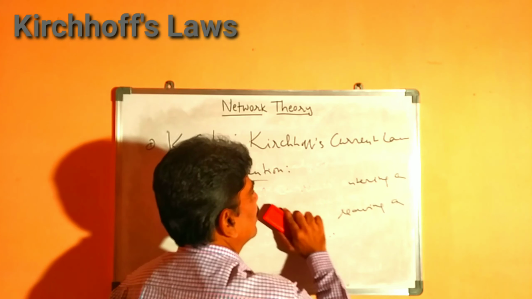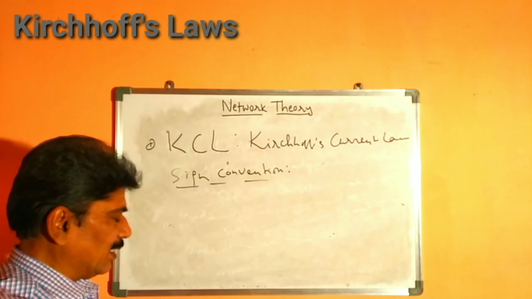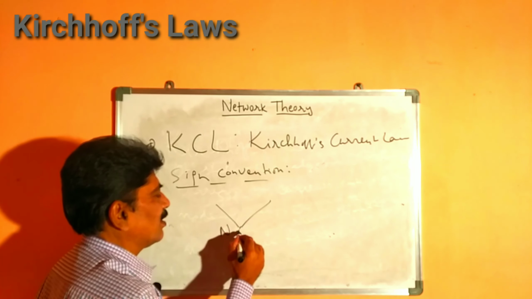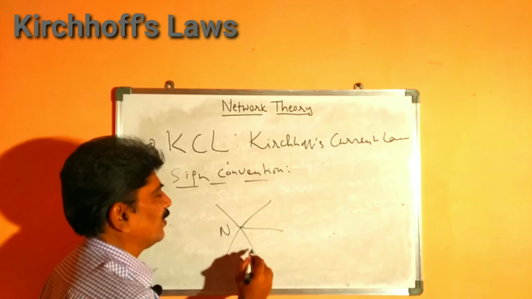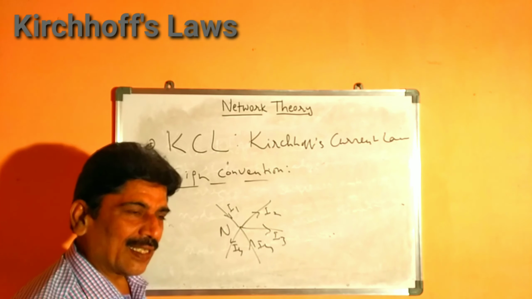Let us consider a node N at which 5 currents are meeting: I1, I2, I3, I4 and I5. So what is the sign convention? The sign of currents entering or approaching a node is taken as positive.